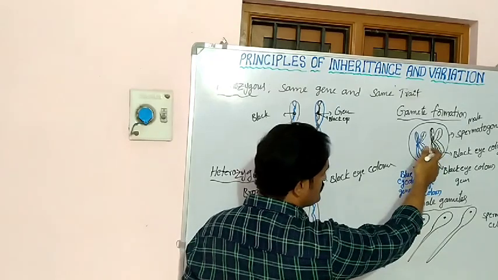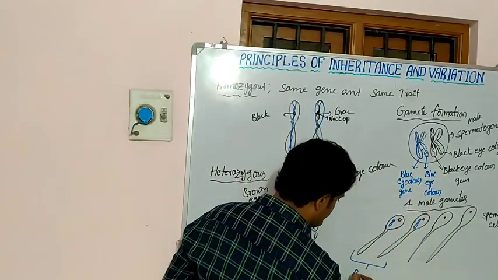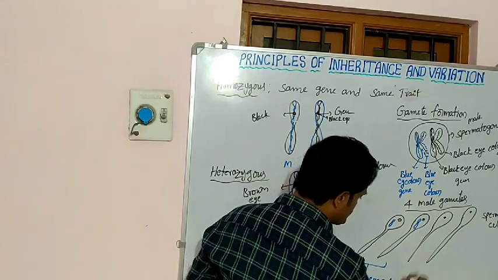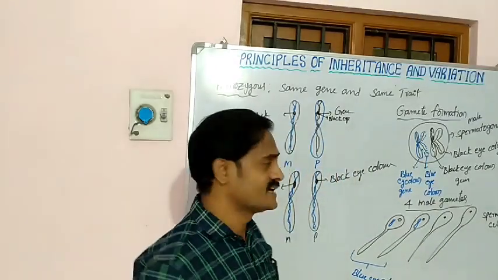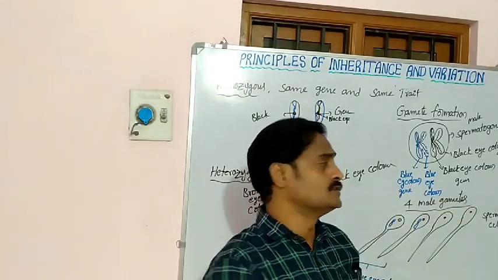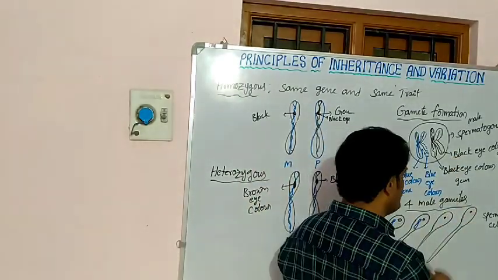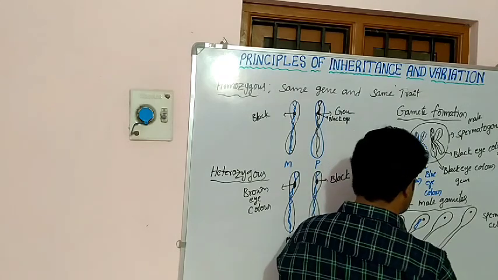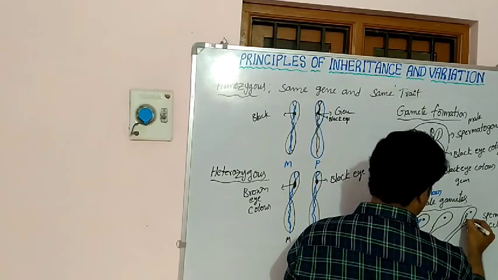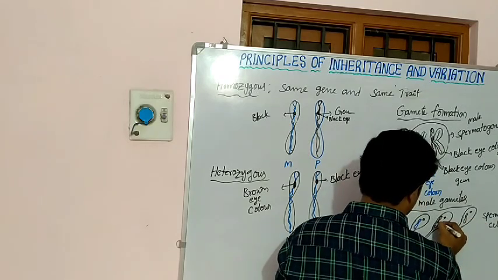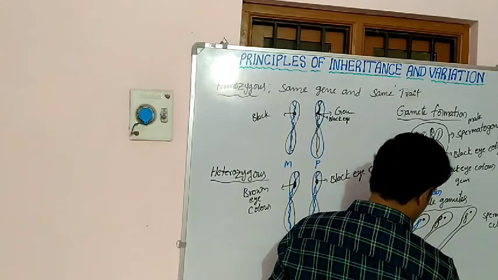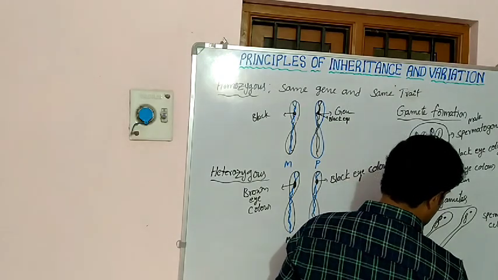Both chromosomes consist of the blue eye color gene, which is responsible for deciding blue eye color. Coming to the black one, this chromosome also splits into 2 and is sent to the sperm cells or new cells. Which kind of gene is present here? Black. The black eye color gene.